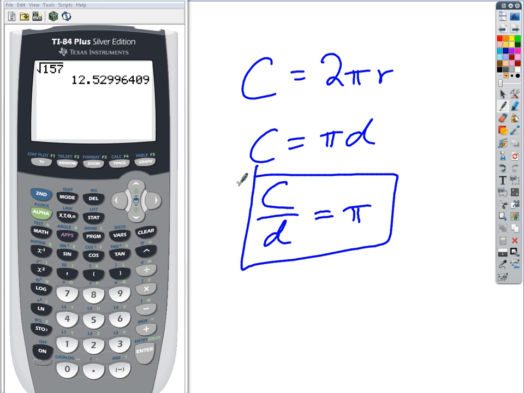No, I didn't. It could be for any circle. Pi is always equal to the ratio of the circumference of the circle to its diameter. Circumference divided by diameter is what pi is. That's what the number means. That's pretty cool. So it's a universal constant. Anytime you have any circle in a flat geometry, that's how we define pi.